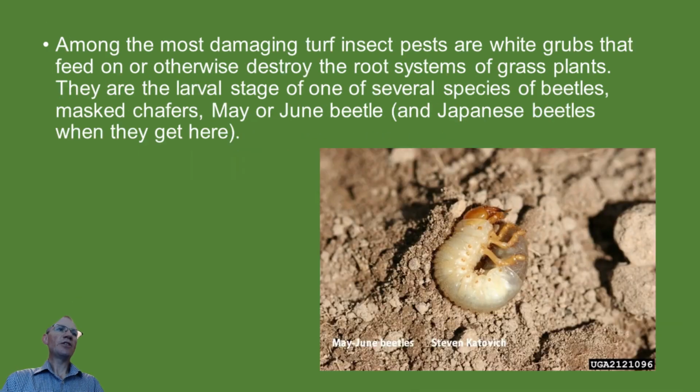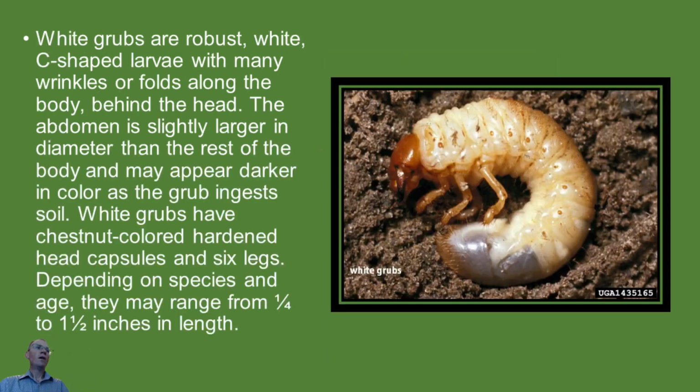Among the most damaging turf insect pests are white grubs that feed on or otherwise destroy the root systems of grass plants. They are the larval stage of one or several species of beetles: masked chafers, May or June beetles, and Japanese beetles when they get here. White grubs are robust, white, C-shaped larvae with many wrinkles or folds along the body and behind the head.